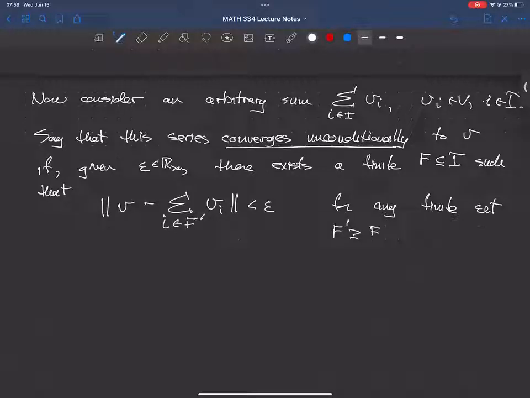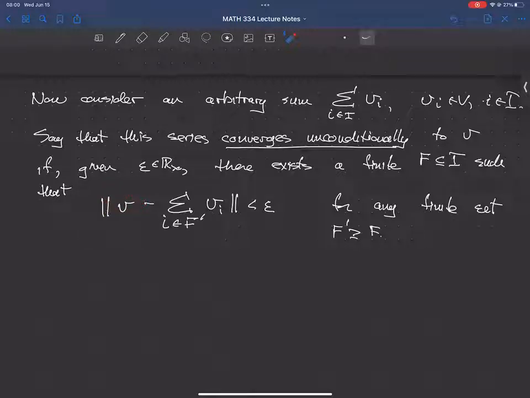So that's how you kind of mimic the for k greater than n business. So there's some finite set, and so this is like some capital N, so that if I sum over any finite set which contains F, the result is within epsilon of V.